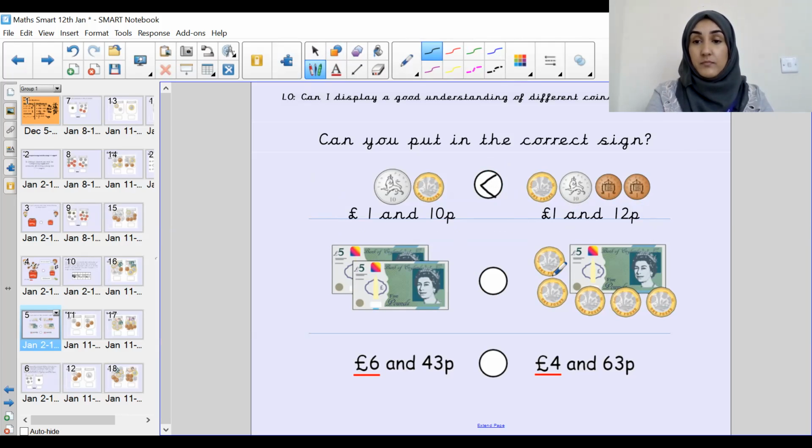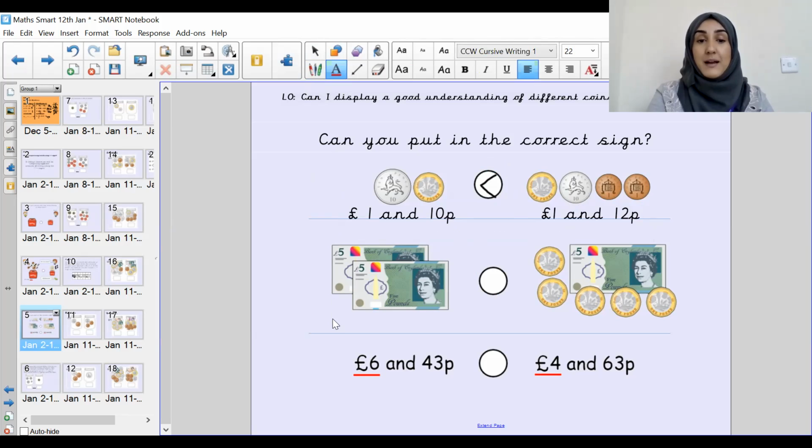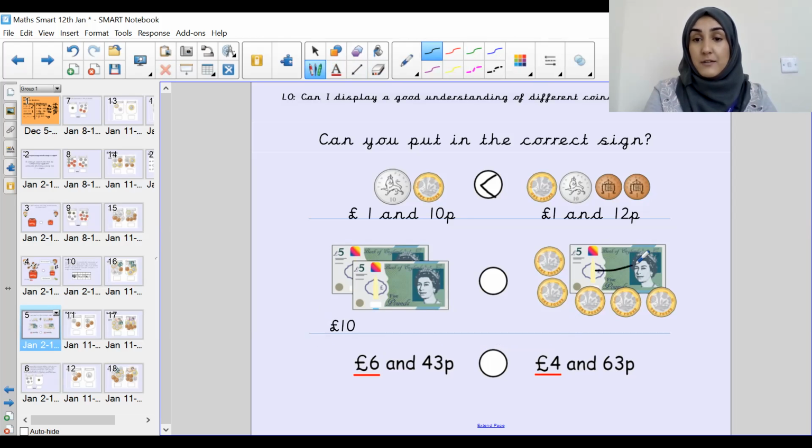Okay, the next one. Let me just put myself up here for a minute. We have 2 £5 notes. So I know that 2 £5 notes, 5 add 5 equals £10. And on this side, I have a £5 note. So let's count this. I've got a £5 note.